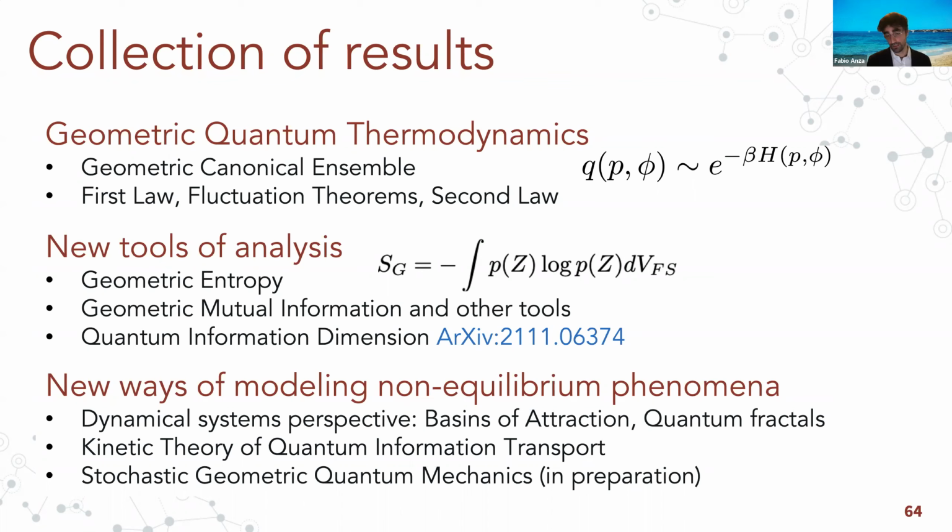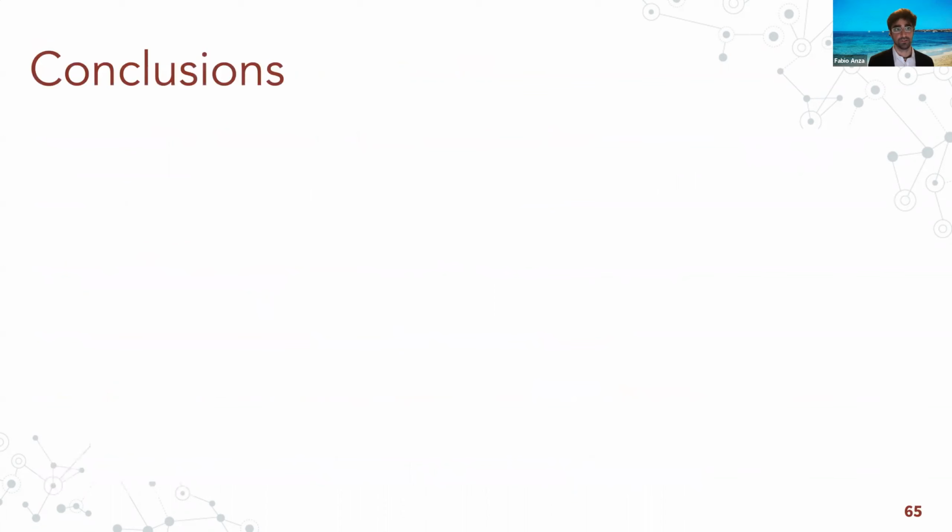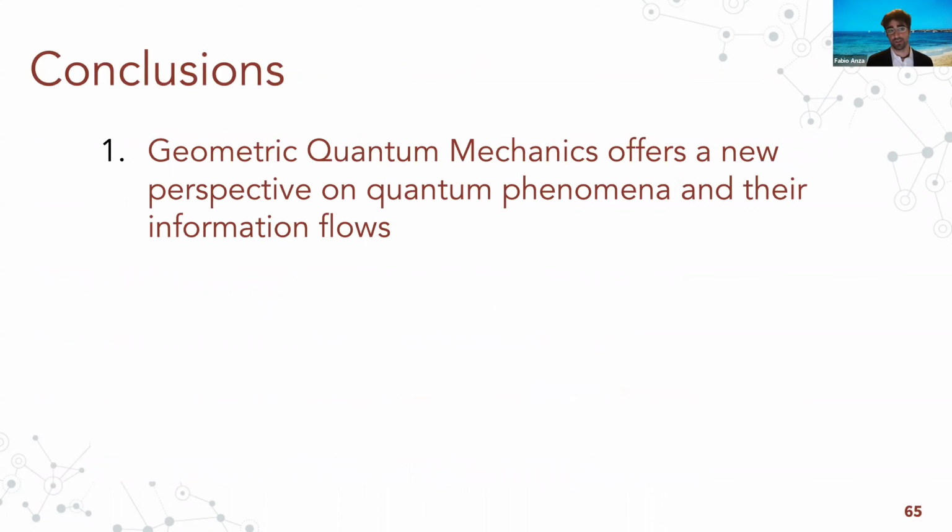And so one can easily define stochastic geometric quantum mechanics as a stochastic process on the sphere or on general high-dimensional quantum systems. And so with this, I want to conclude by just saying, I believe that geometric quantum mechanics can give us a new perspective on quantum phenomena and possibly their information flows.